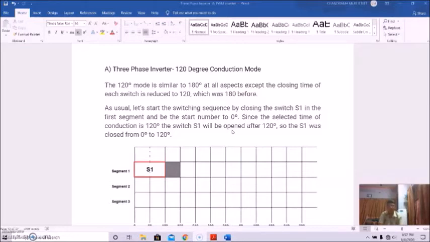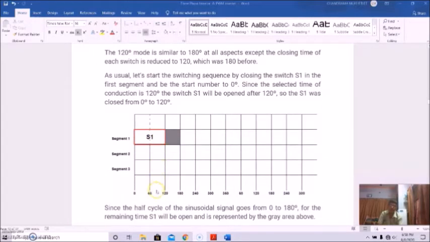As I told you, this is similar to 180 degree. By closing switch S1 in the first segment, starting at 0 degree, since the selected conduction time is 120 degree, the switch S1 conducts up to 120 degree and will be opened after 120 degree. So H1 is closed from 0 to 120 degree.